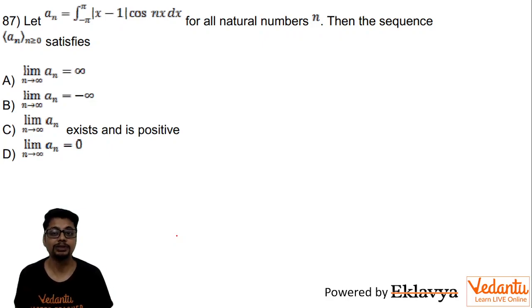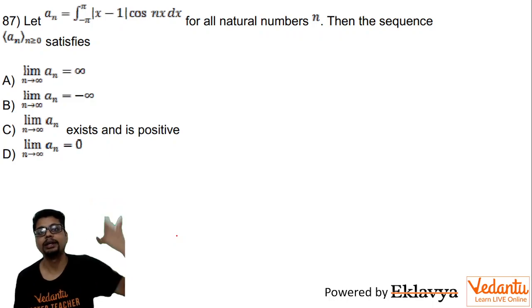Because as n tends to infinity, the argument nx would be changing very quickly. A little change in x would be a huge change in nx, and cos nx essentially would be very quickly oscillating.